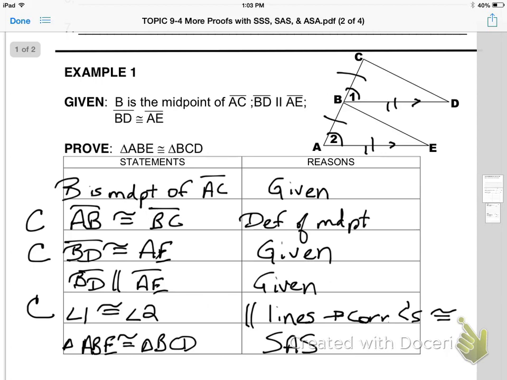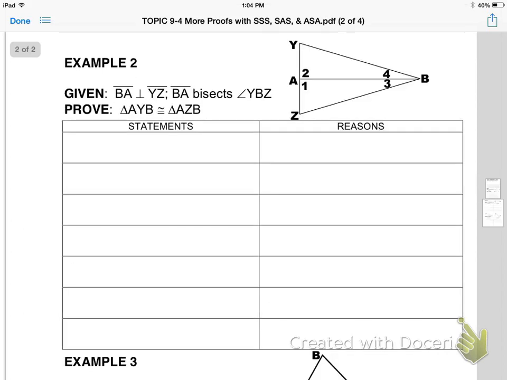Okay, so there's a little different thing, something else you can look for. Let's go to our last two examples, and I'll try to get this uploaded to YouTube. So example 2, we've got that side BA is perpendicular to YZ.